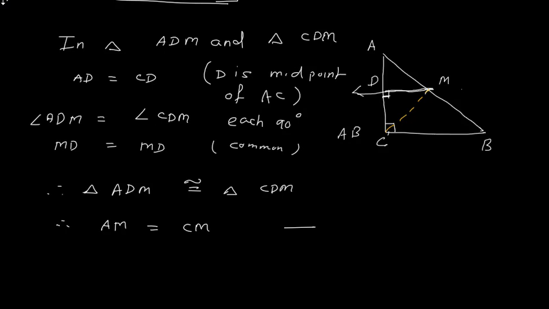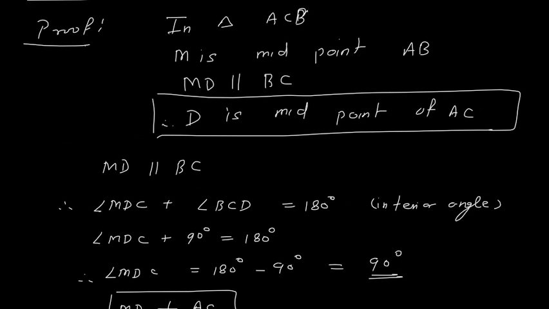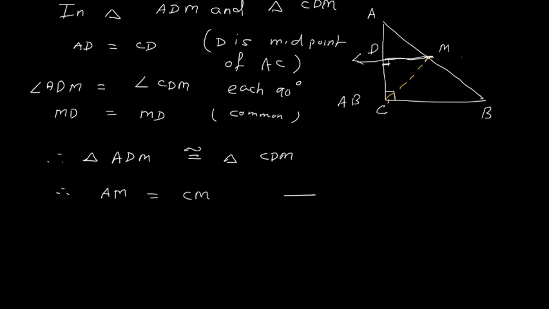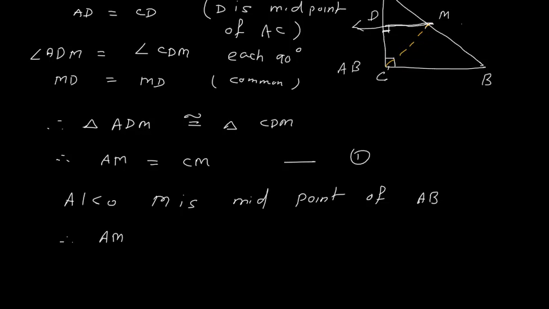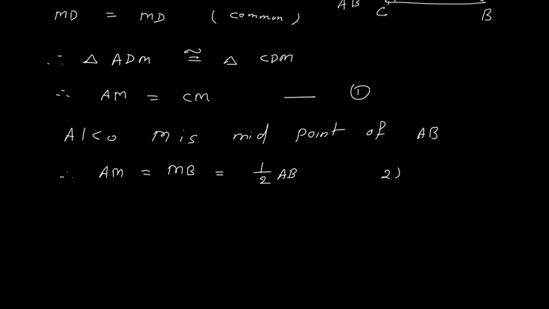Okay, so nowhere we have given any equation, so let us take this as equation 1. Also, M is the midpoint of AB. Therefore AM is equal to MB is equal to half of AB. This is equation 2.